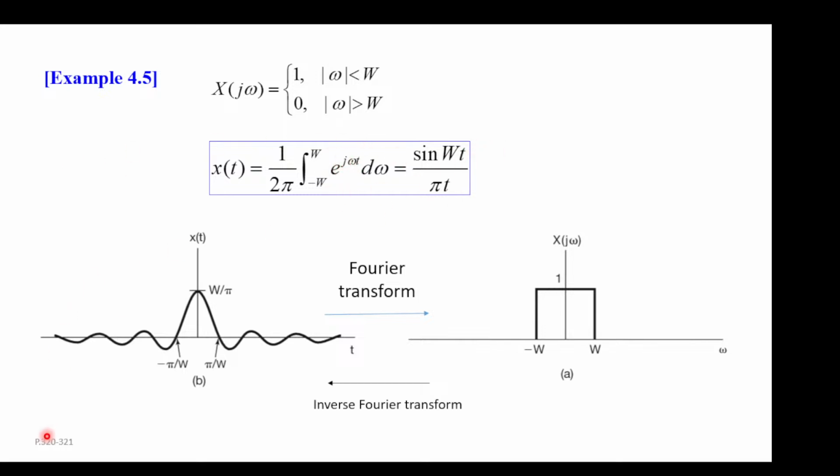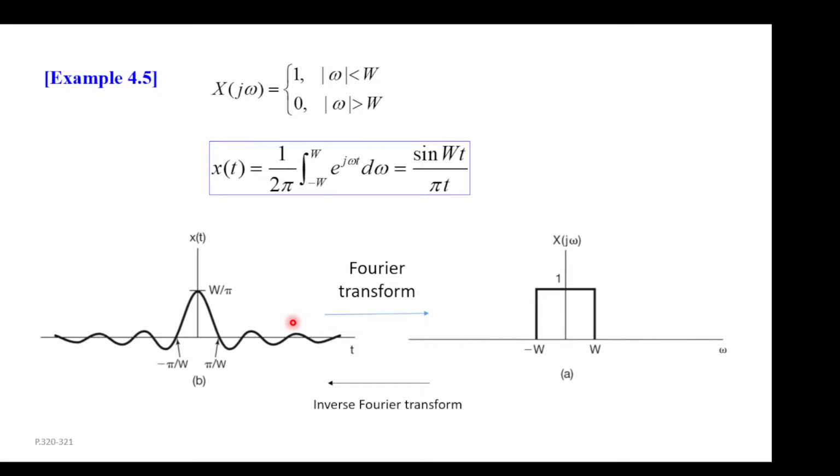So if you start with your frequency domain here and do the inverse Fourier transform, your time domain is once again a sine t over t function, and this time it is sine W t over pi t.